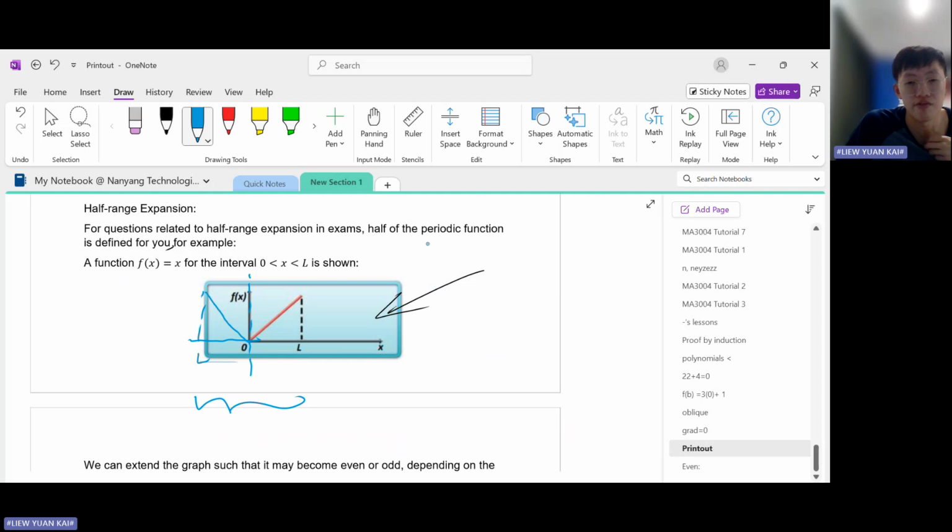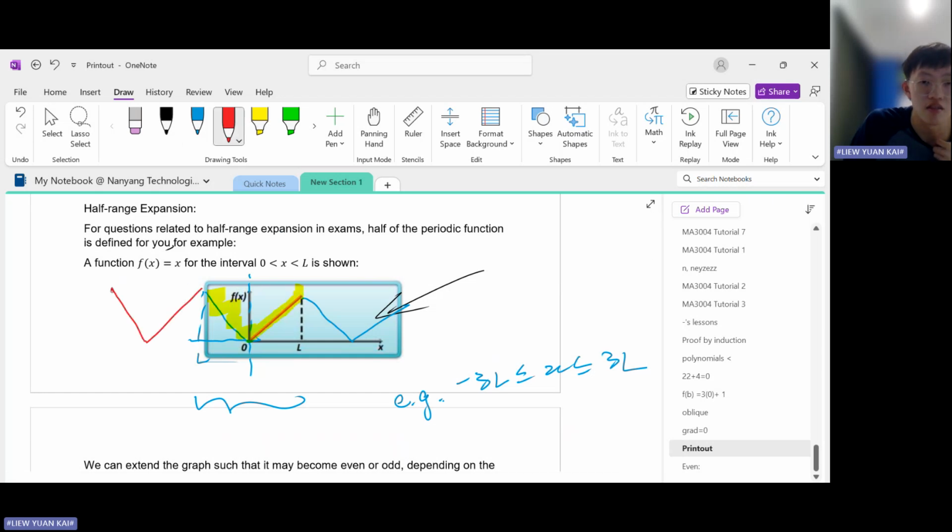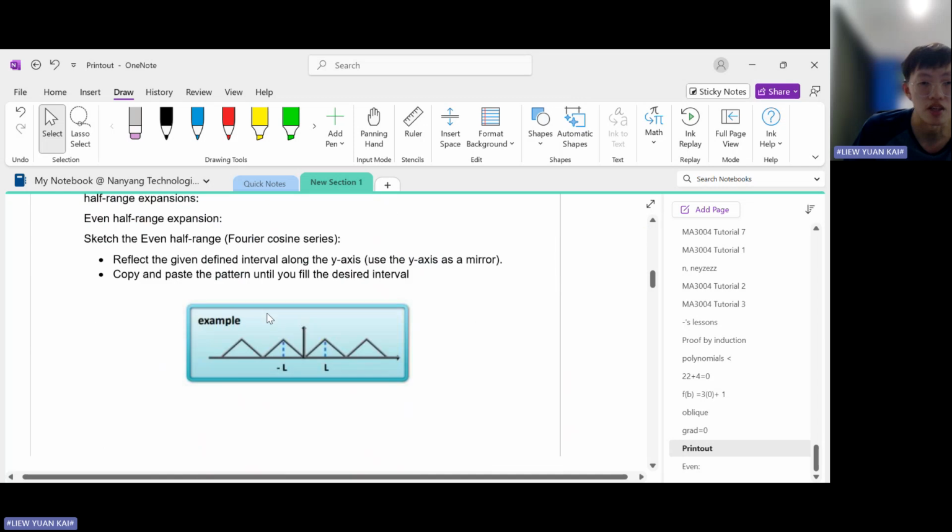Let's say they want the half range even expansion to be, for example, between negative 3L to 3L. That means you just copy paste this, copy paste this until you achieve 3L and negative 3L. So this is how you do an example of a half range cosine.